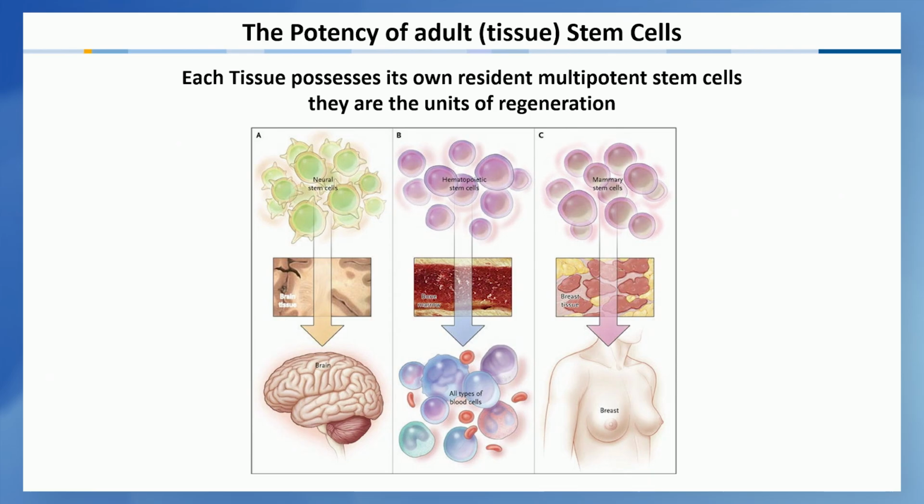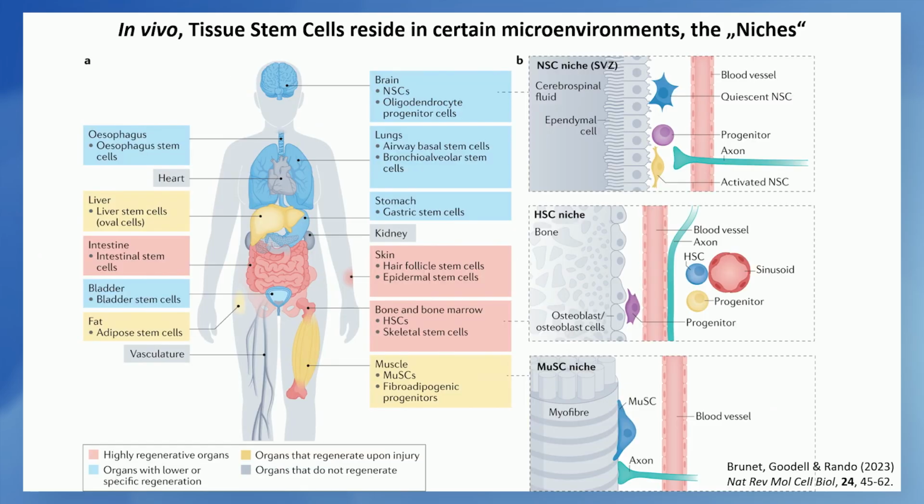This is just another picture underlining what I said before. Neural stem cells produce neurons. Hematopoietic stem cells are blood-forming stem cells, producing all types of blood cells. That's the definition. Mammary or gland stem cells produce glands. So everywhere in the body you have niches which contain tissue stem cells, and a low number of stem cells, because you don't need many of those for regeneration.